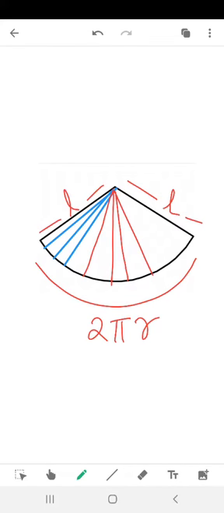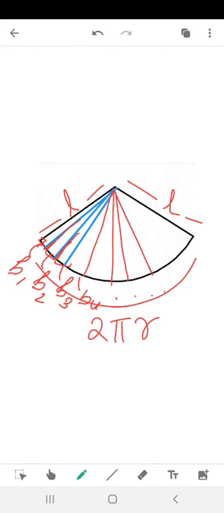Okay, and this length is perpendicular. Okay, so I am taking this triangle, then I will be taking this triangle, then this, and so on. So this is B1, this is B2. Okay, I'm just naming them something like this, B4, and so on.